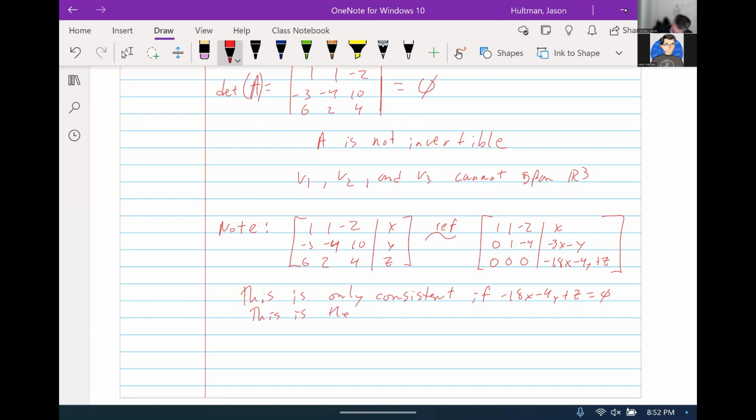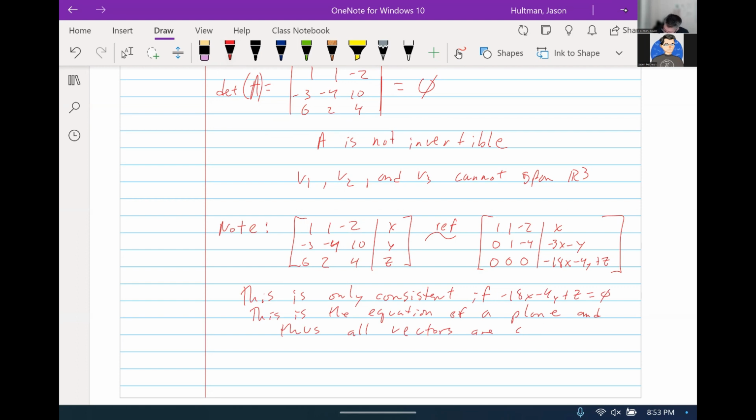This is the equation of a plane, and thus all the vectors are coplanar.